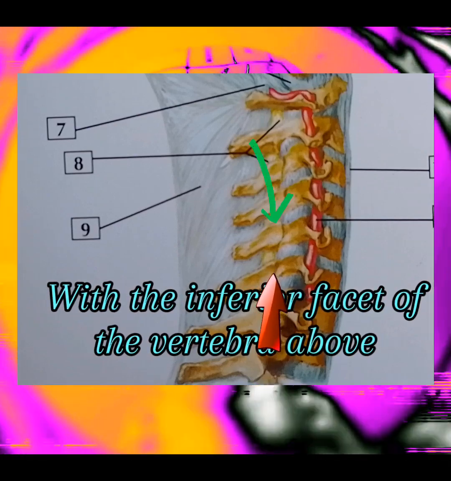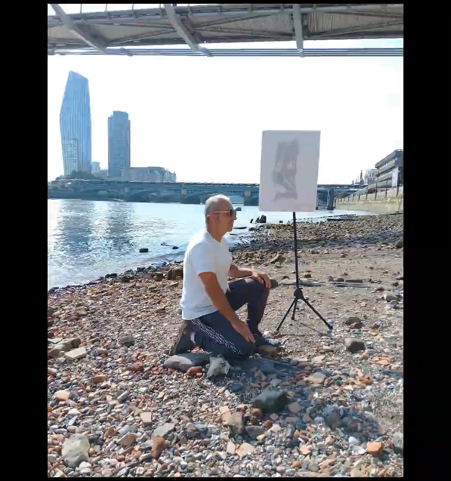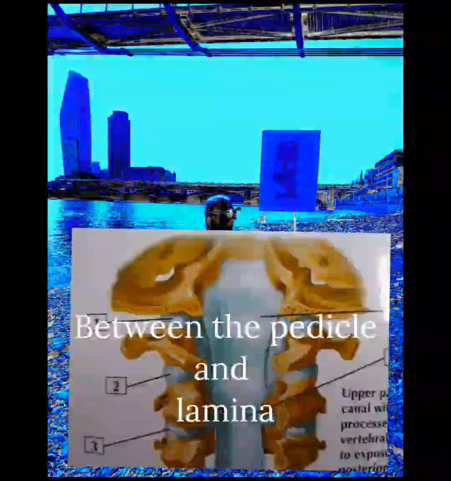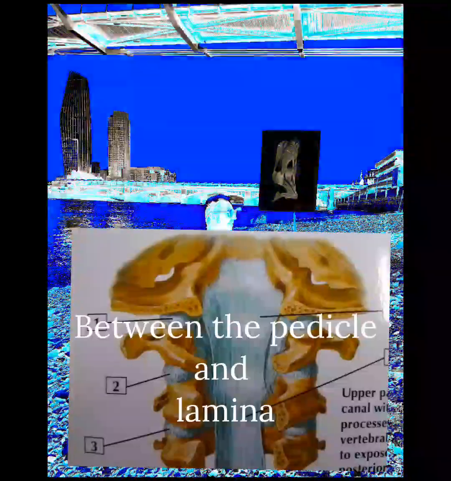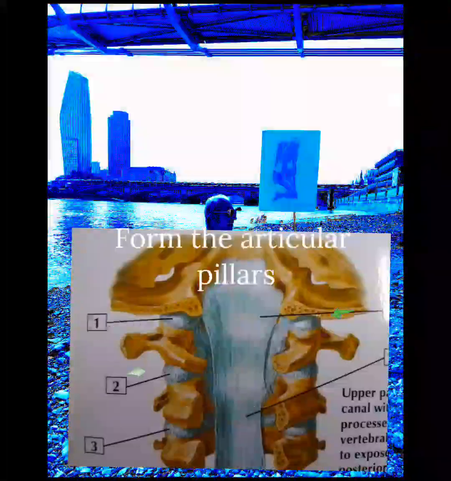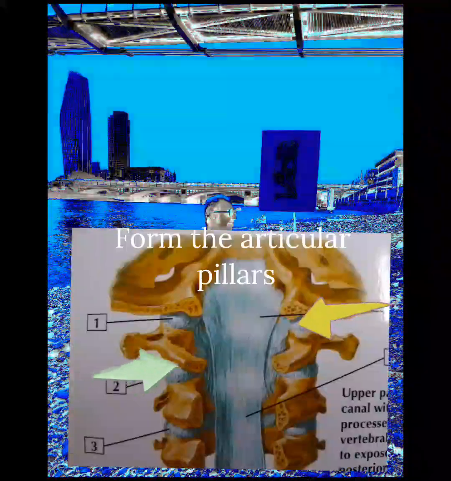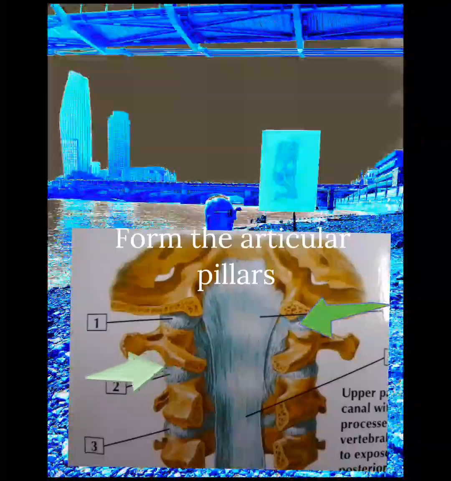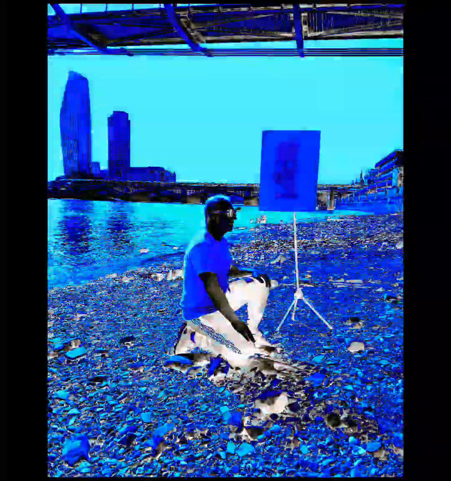The facet joints are situated between the pedicle and lamina of the same vertebra and form the articular pillars that act to provide structural stability to the vertebral column as a whole.